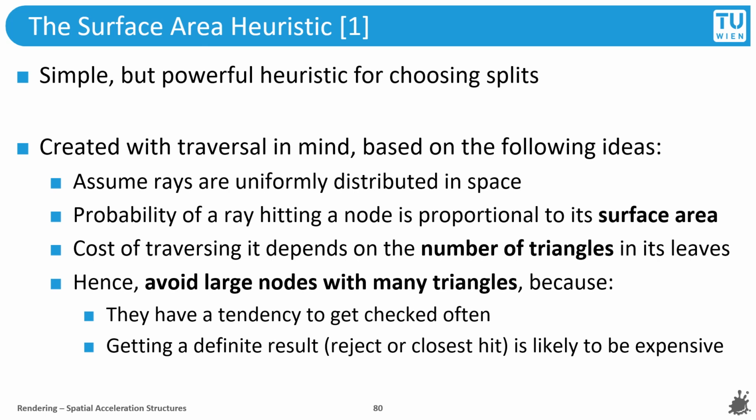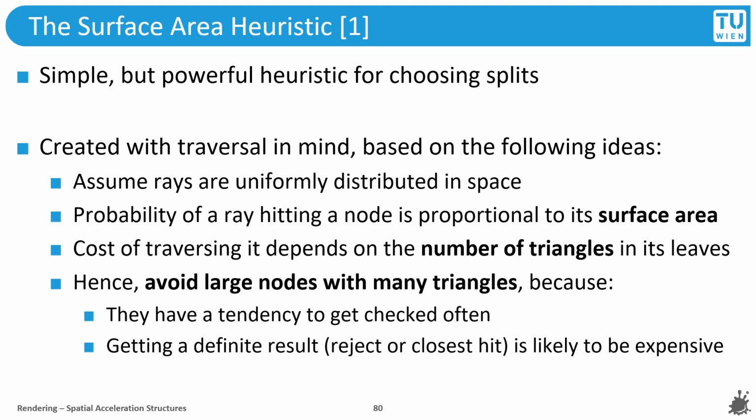Let's assume, for lack of another specification, that viewing rays are uniformly distributed in space. Then the probability of a ray hitting a node is proportional to that node's surface area. And the cost of traversing a node depends on the number of triangles that it has in its leaves.